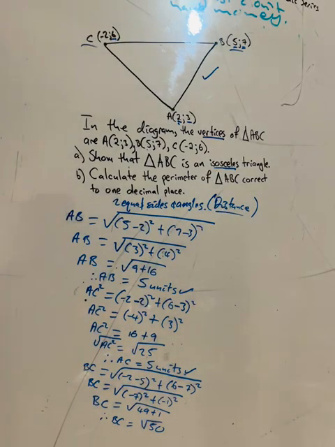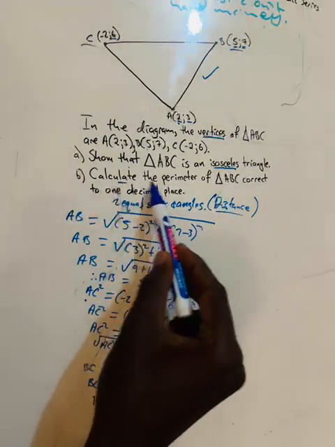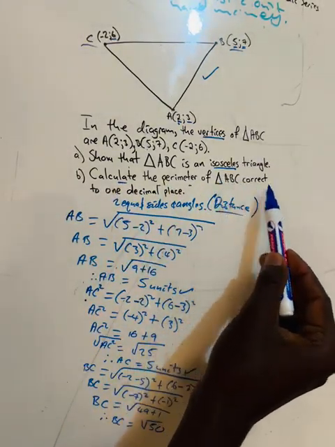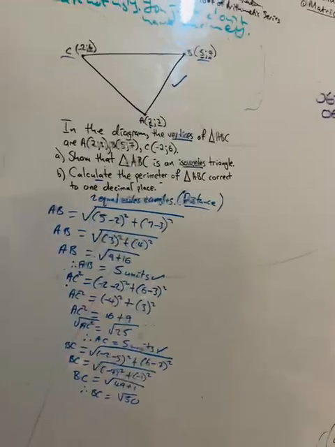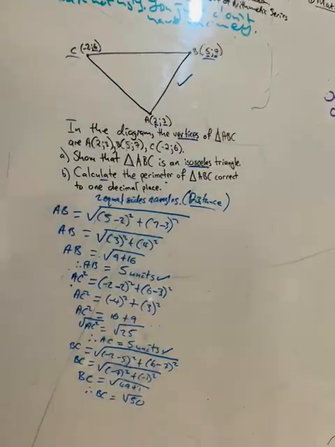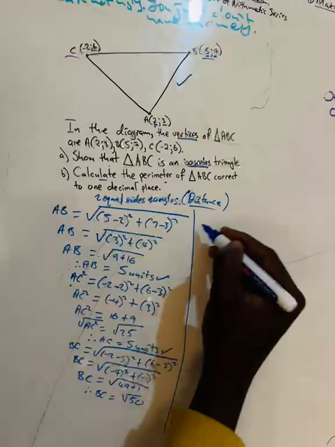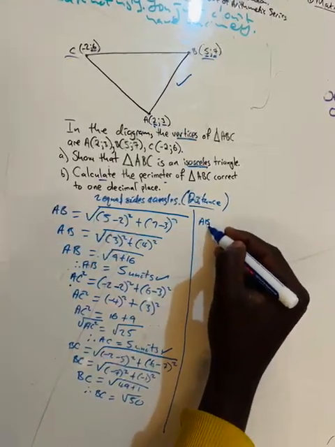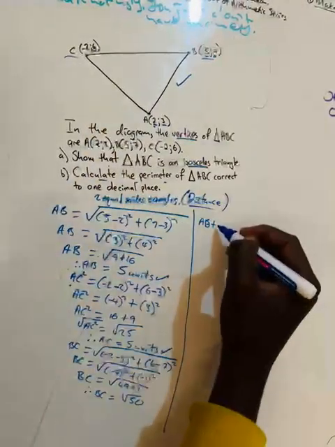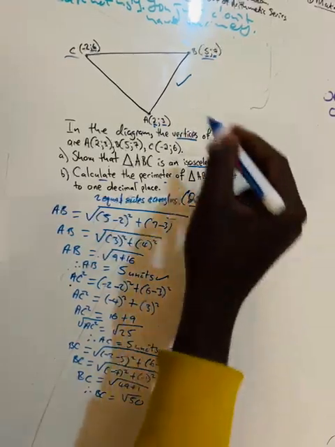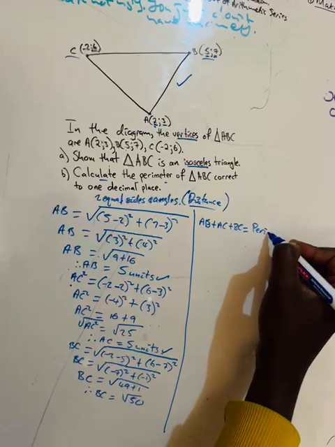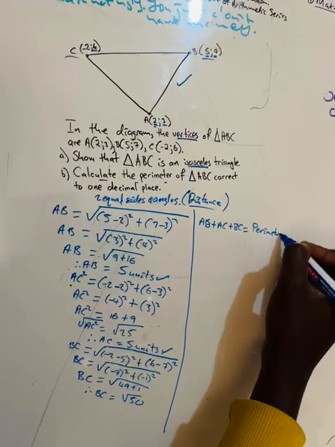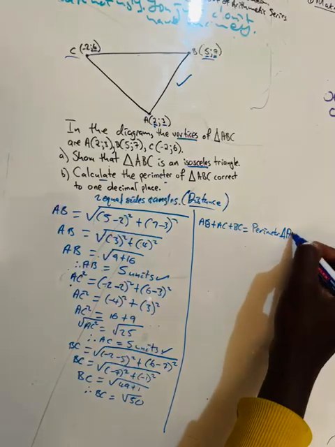Now, they say, B, calculate the perimeter of triangle ABC correct to 1 decimal place. Now, this is easy. Why are we saying that this is easy? Because this is what we do. We are now saying side AB plus line AC plus line BC is equal to the perimeter of triangle ABC.